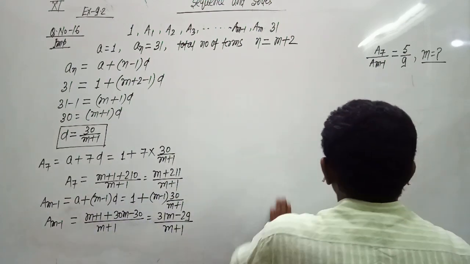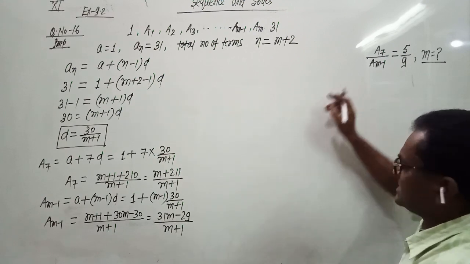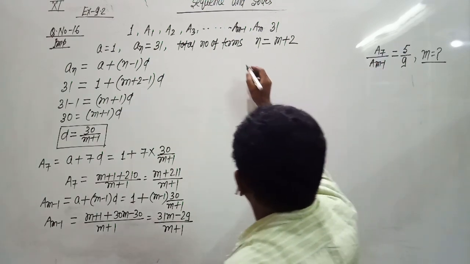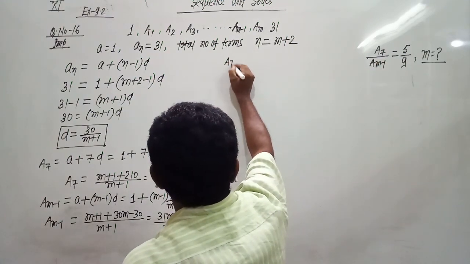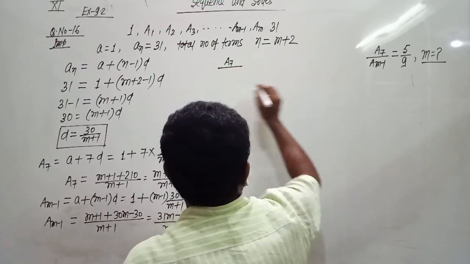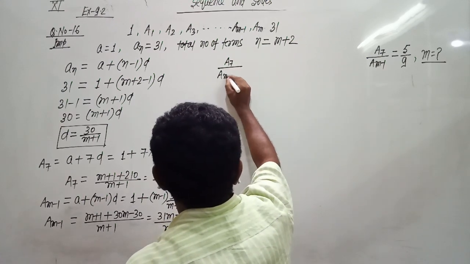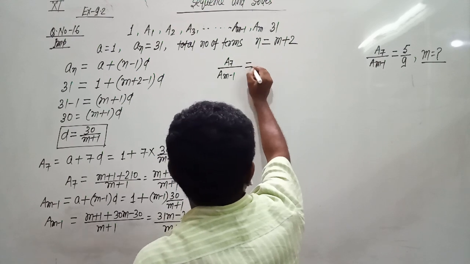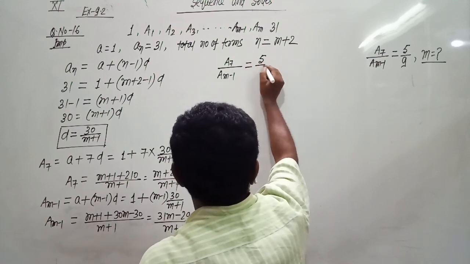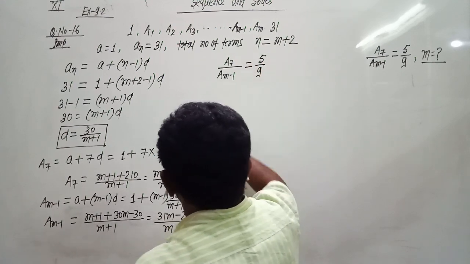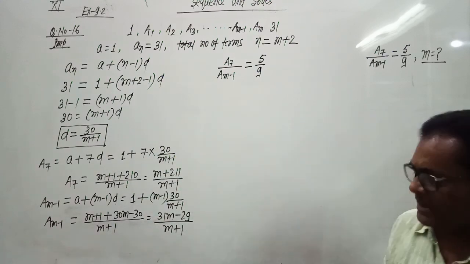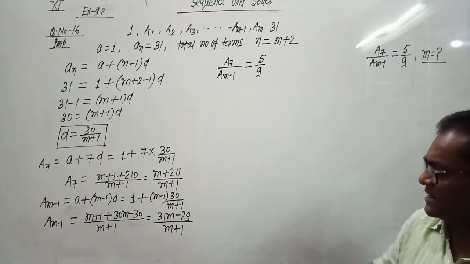Now we put the values of A7 and A(m-1). We are given that A7 upon A(m-1) equals 5/9.